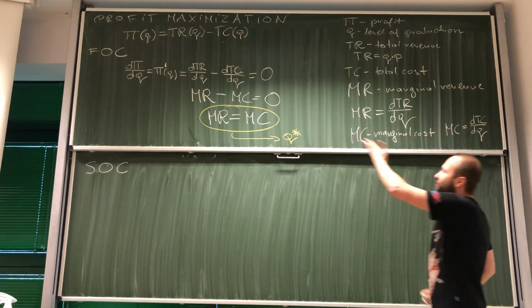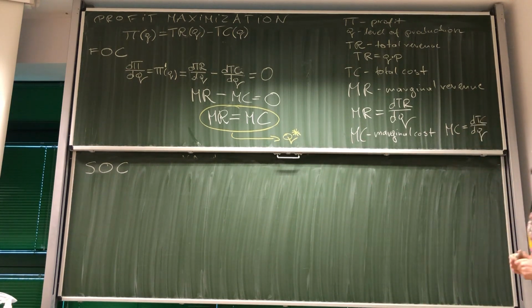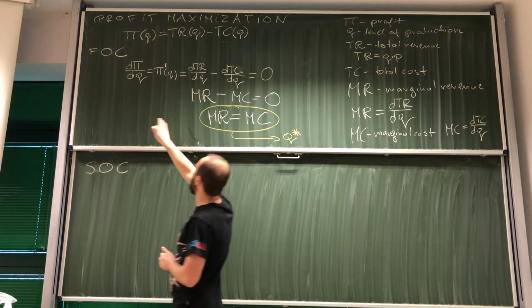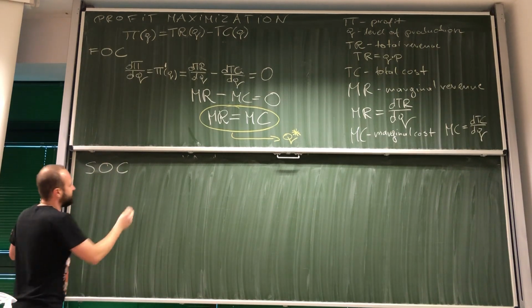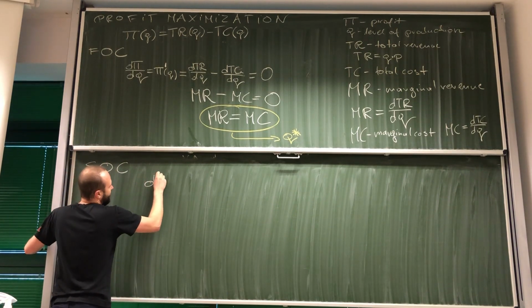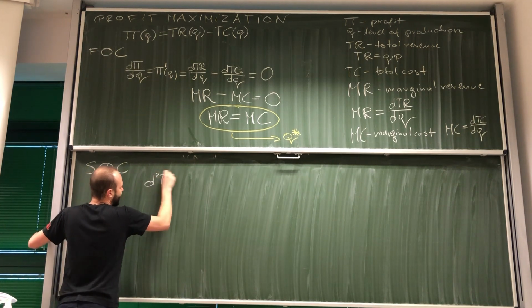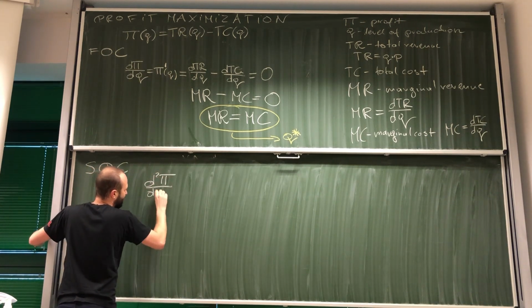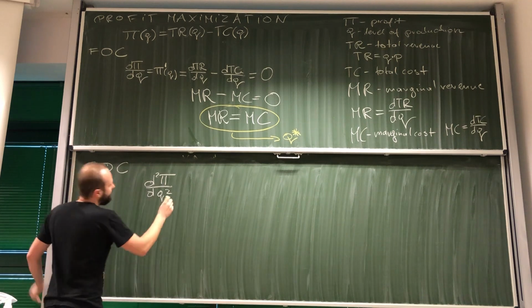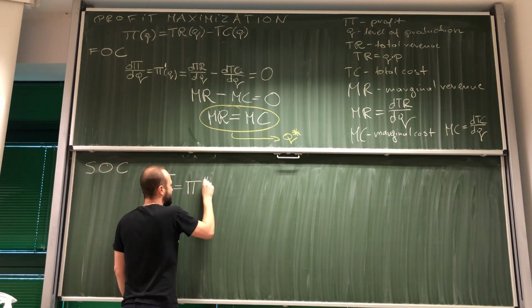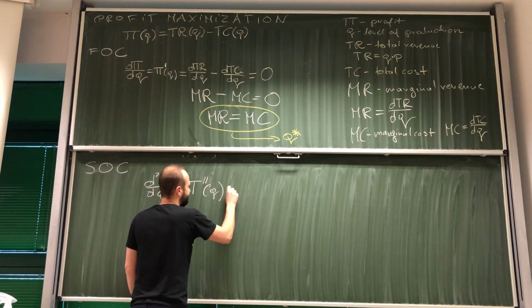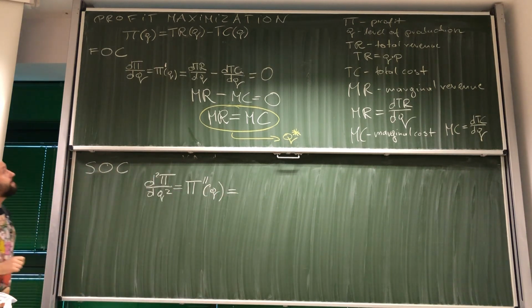We need to differentiate the profit function for the second time. So we will have here d squared pi dq squared, or what is exactly the same thing, pi double prime of q.